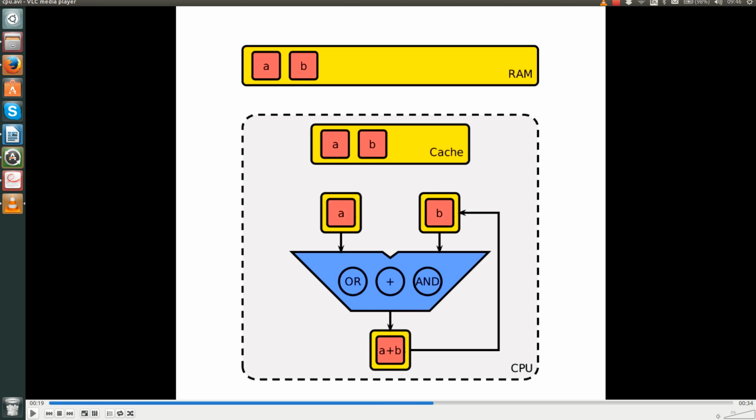Once we get the result, perhaps we will want to store it back to the random access memory so that we can use it for further operations.